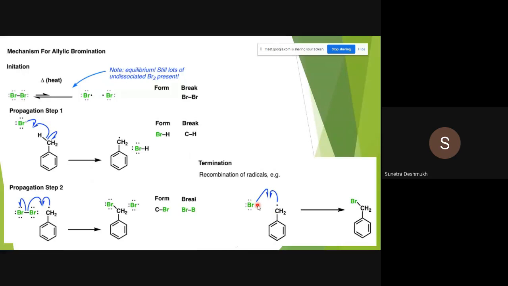One bromine radical can react with another bromine radical forming Br2. This is also a termination step. So pay attention: in termination, any free radicals can combine together and the reaction can terminate.